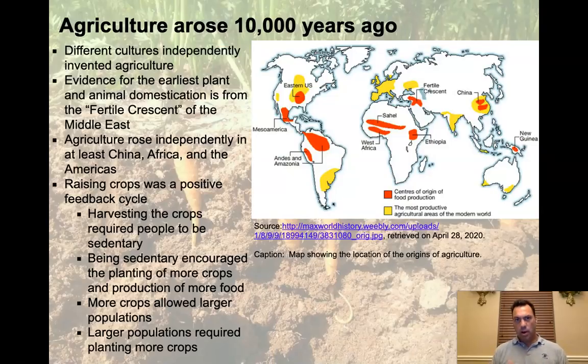So let's talk about where agriculture came from. It turns out different cultures independently invented agriculture. If we look at a map of the earth, right here, we notice that there are orange zones and yellow zones. The orange zones are centers of origin of food production.